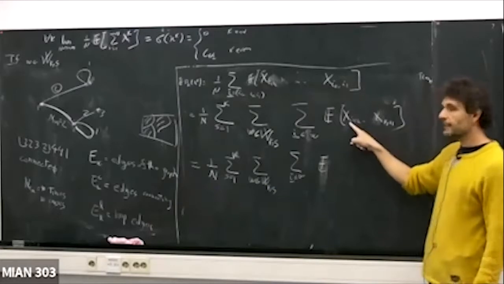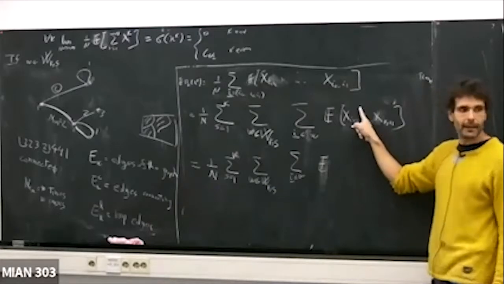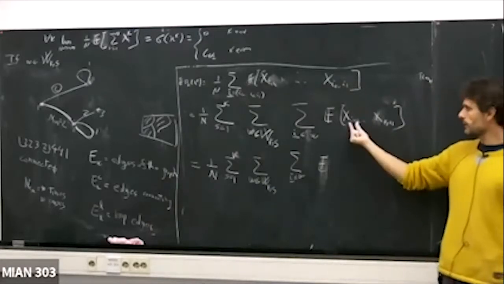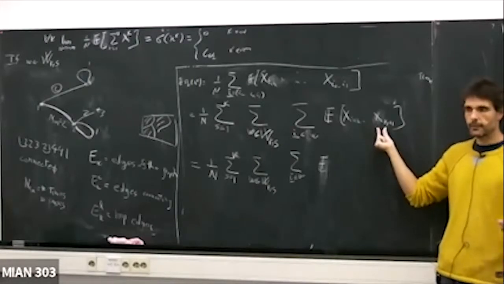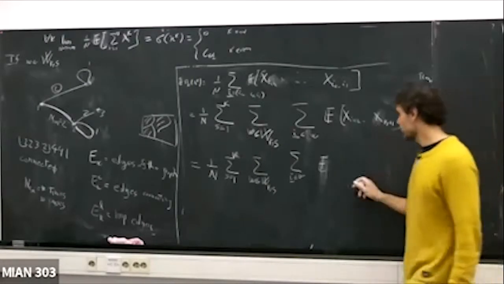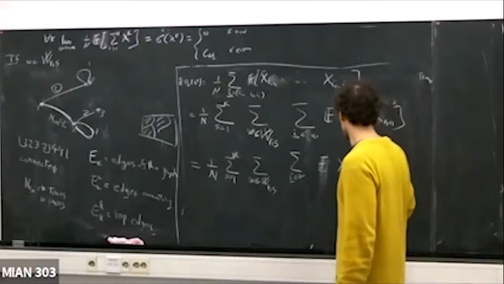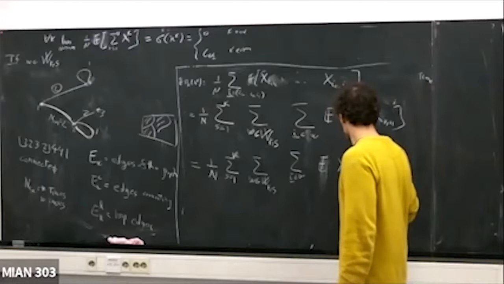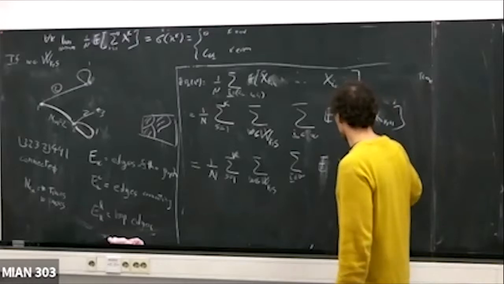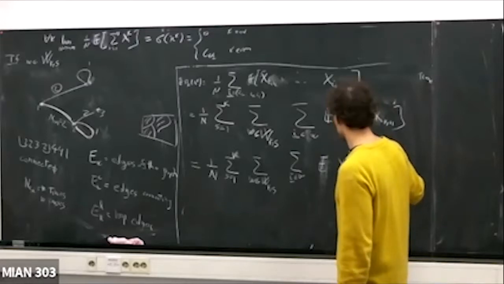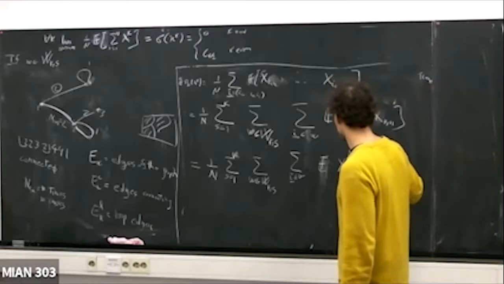Here I will have x to the power of how many times that edge is crossed by the word w. So here I will have x_e, the edge, to the N_{e,w}, how many times it passes, and E.